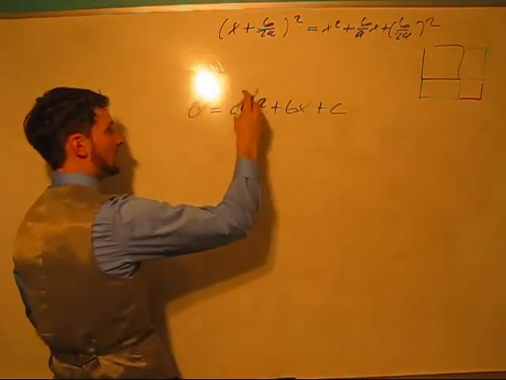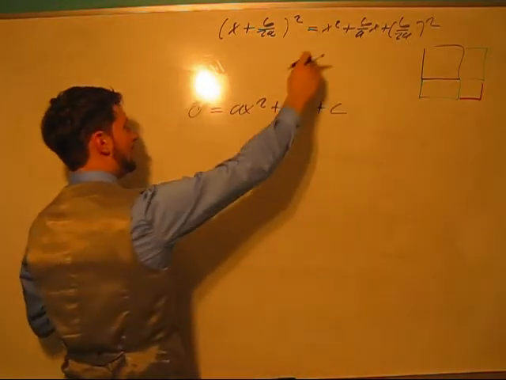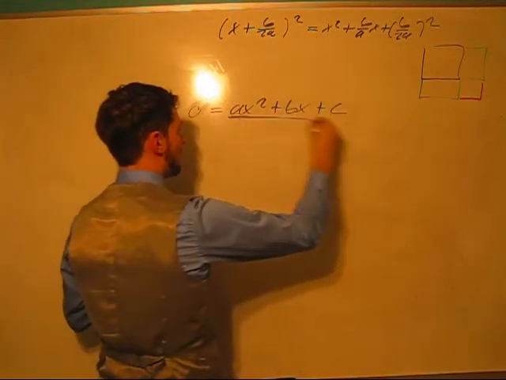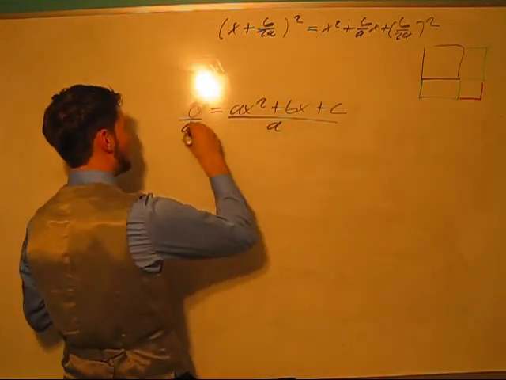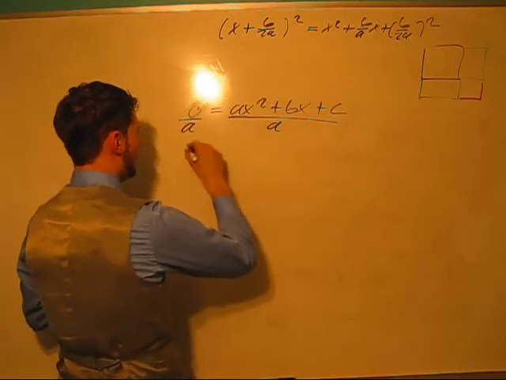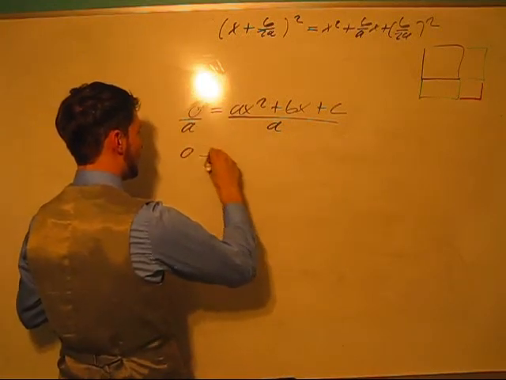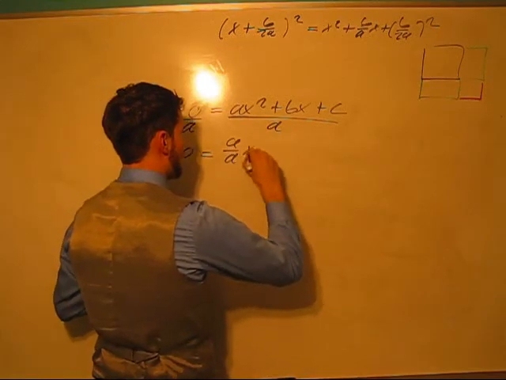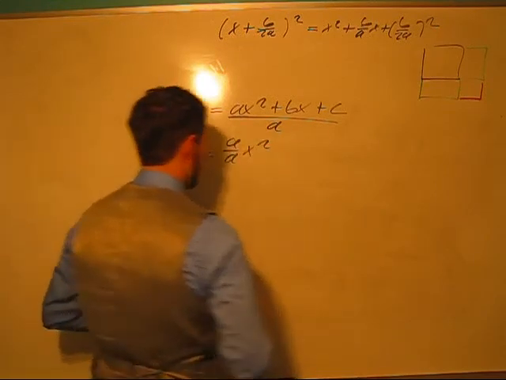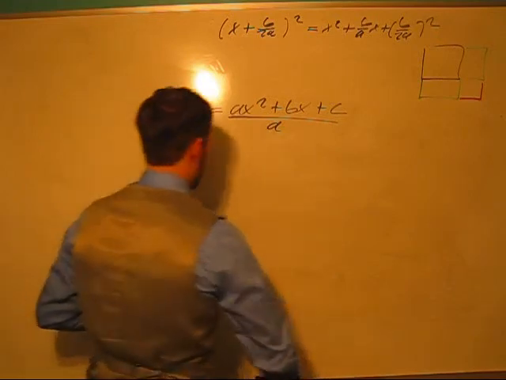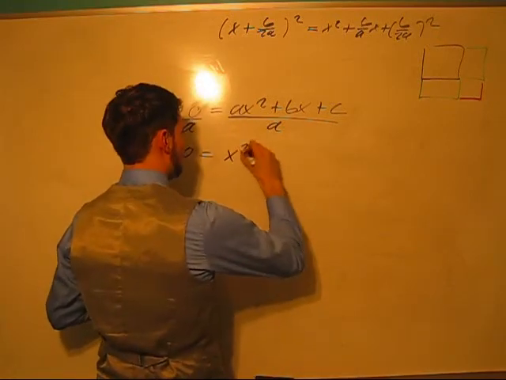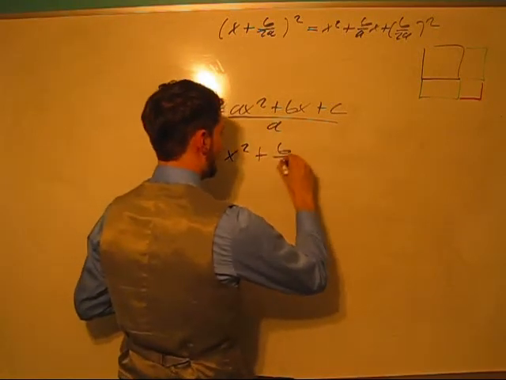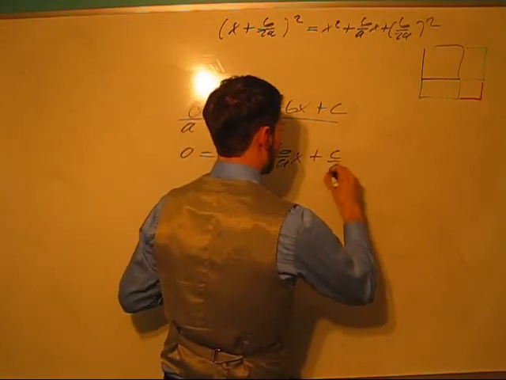So we want to isolate the lead term, and to do that, instead of factoring out an a, now we just divide both sides of the equation by a, such that 0 over any number is still 0. And by properties of fractions, we observe a over a x squared, cancellation of lead coefficients such that we have x squared plus b over a x plus c over a.